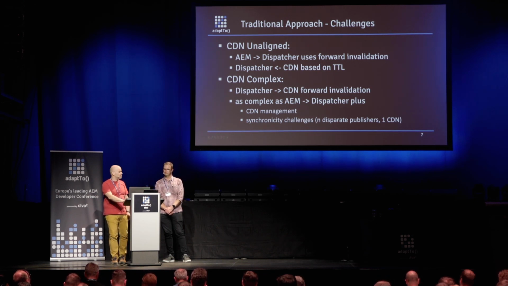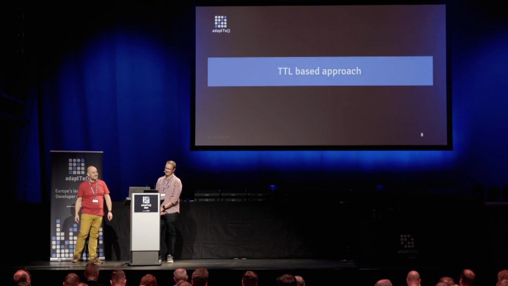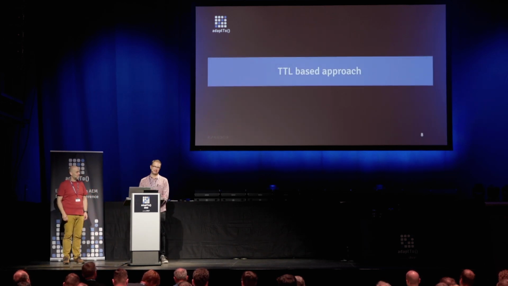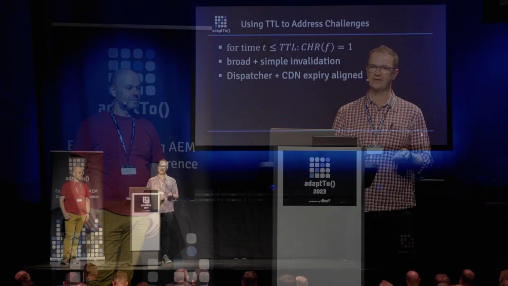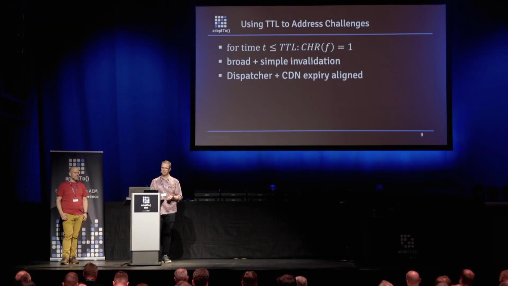And Robert, how would we do that with a TTL-based approach? Well, thanks, Ben. As you can see, the traditional approach has quite a few challenges, especially when it comes to more complex sites that have frequent activations. So what we do is we look at enabling time-to-live caching in dispatcher.